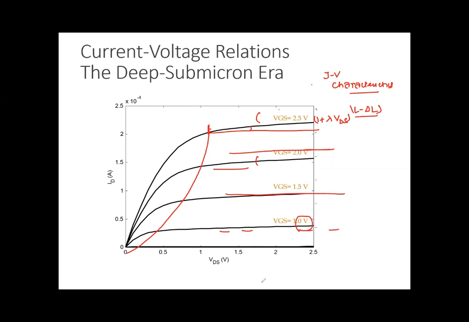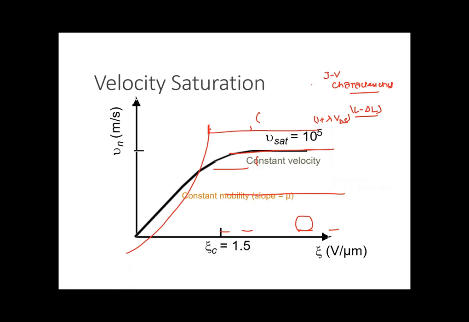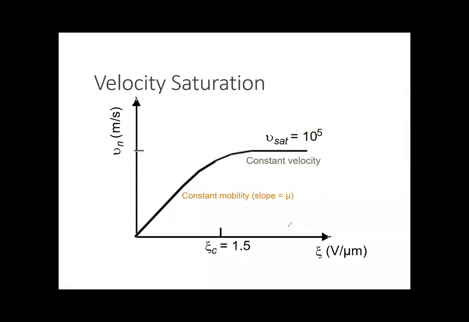Another thing of importance needs to be discussed with you, and that is called velocity saturation. I'm going to quote a very handy and useful example for you. The question arises of why your characteristics become constant.